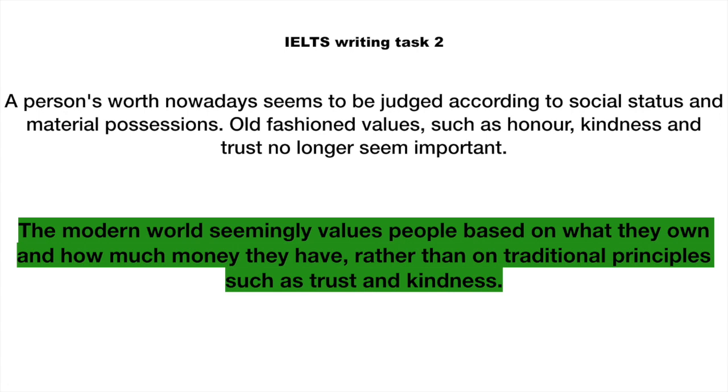But I've changed the keywords there. So you've got something slightly different that you can call your own and that you can use as a solid base to go ahead and write the rest of your essay.